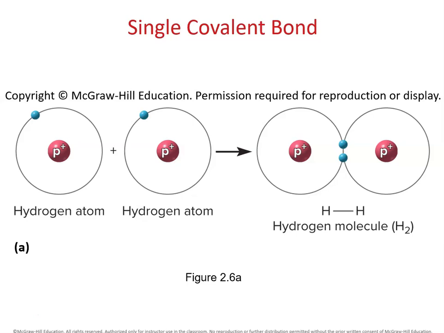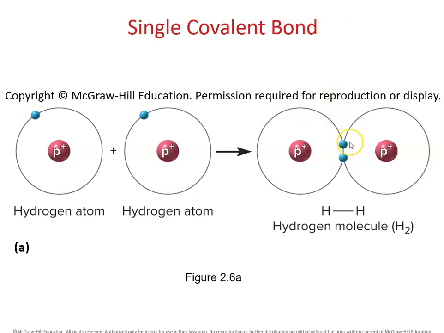Covalent bonds are when electrons are shared. Okay, so here we have one hydrogen atom and a second hydrogen atom. They each have one electron in the outer shell. That first shell likes to have 2 electrons in it. Having 1 makes it unstable. So they join up.